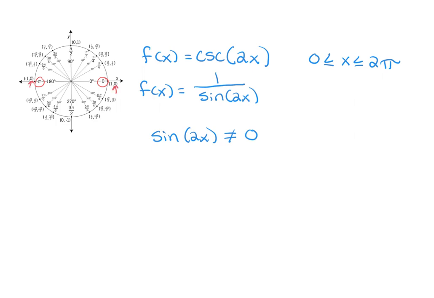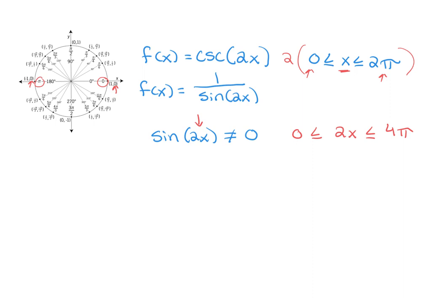But what I want to do is notice how we have this restricted domain. We're only considering x values from 0 to 2 pi. But now in this function, we have 2x. So I'm going to multiply my domain everything by 2. So now I'm looking at 2x. I'm looking at the domain from 0 to now 4 pi.